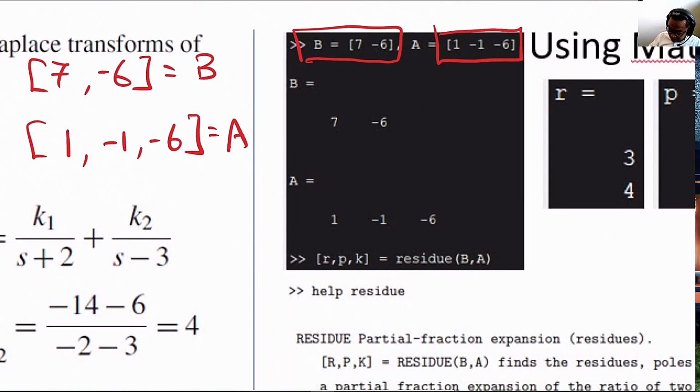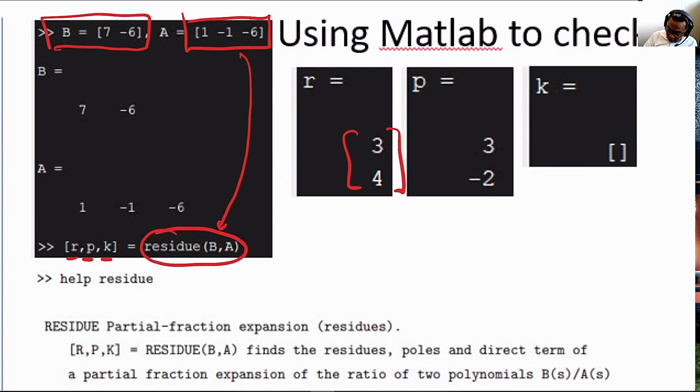We then call the function residue with B and A, and we get 3 variables out. That's the solution: R, P, and K. R is a vector with 2 elements. So this is called R1 because MATLAB uses index starting from 1.